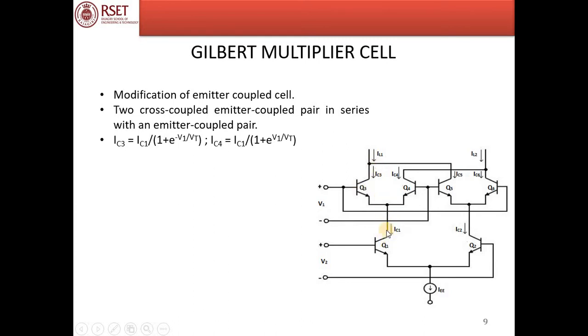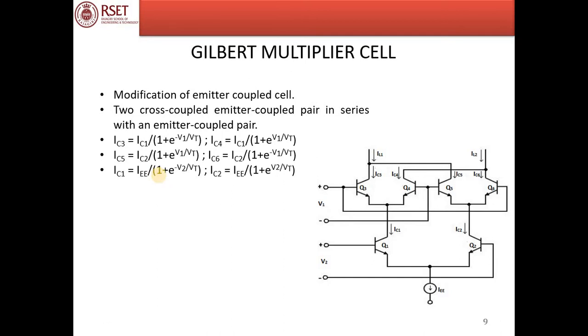So IC3 can be written as IC1 divided by 1 plus e raised to minus voltage, that is minus V1 by Vt. IC4 is IC1 divided by 1 plus e raised to minus of minus V1, that is plus V1 by Vt. Similarly, we write the equations for IC5 and IC6.